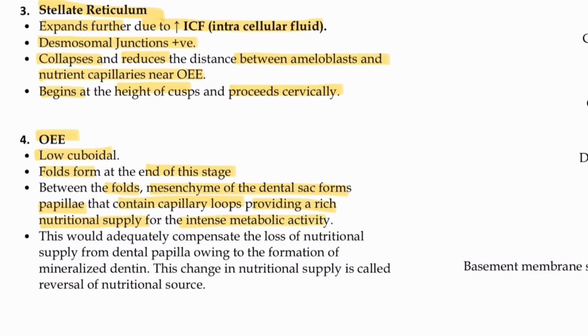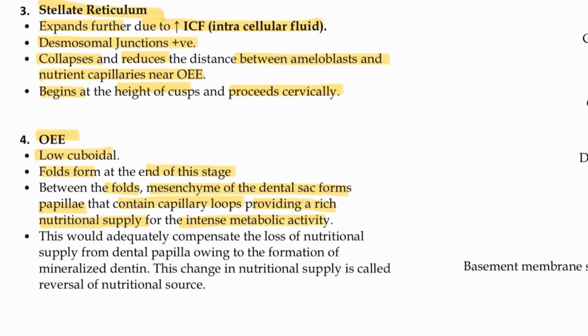So again, what I said: until now nutrition was coming from the dental papilla, and now these were low cuboidal cells. Now there is formation of folds in this layer, the outer enamel epithelium, and in between these folds, the mesenchyme of the dental sac forms papillae, and these will contain the capillary loops, and this is how they provide nutritional supply for the intense metabolic activity that is going to happen.